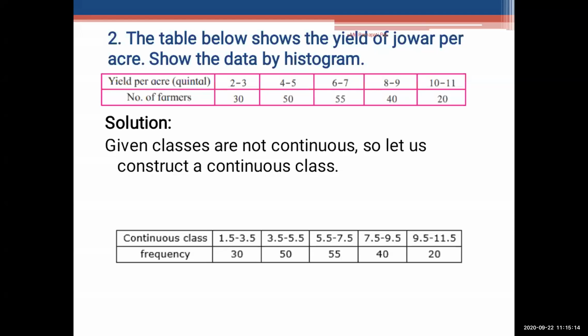Can you tell me, will the kink mark be present here? No. Here the kink mark will not be present. Okay?